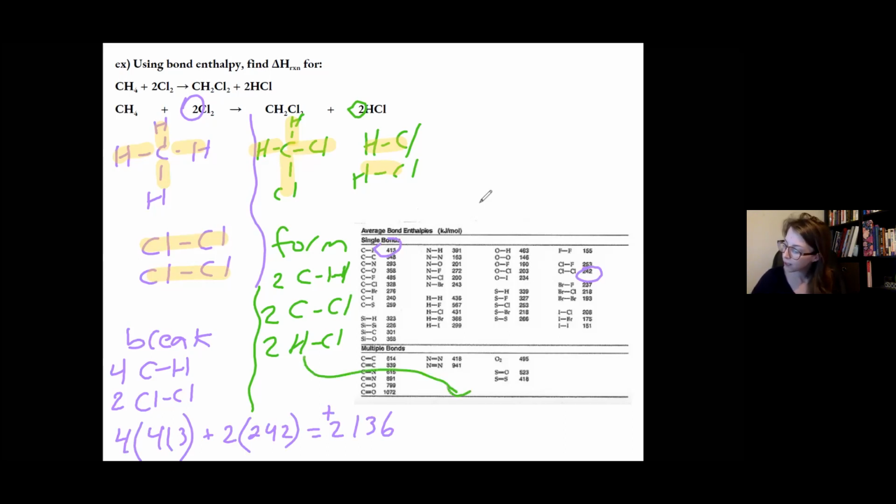For the forming, I have 2 CH bonds, which are still 413. I have 2 CCl bonds, which are 328. And I have 2 HCl bonds, which are 431.